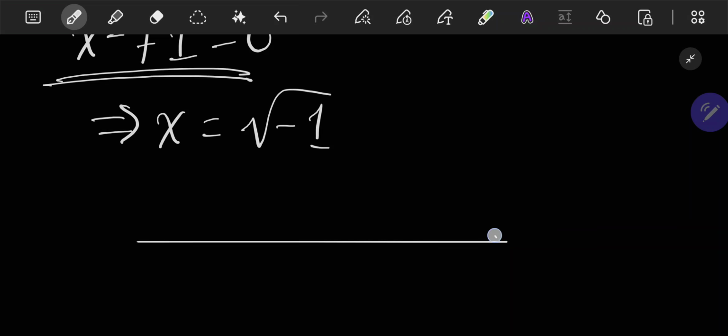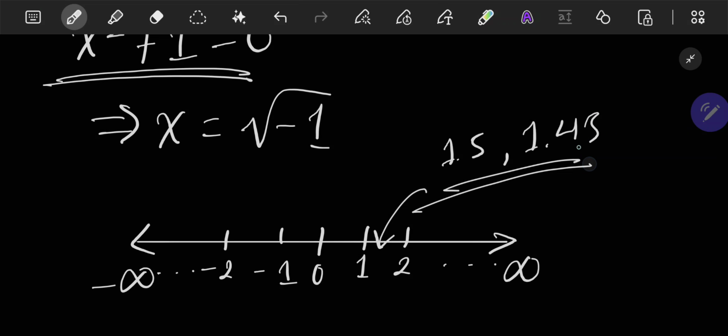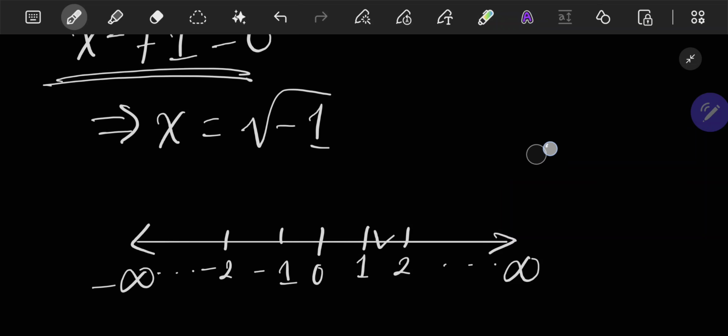Now I have a different problem for you. If this is the real line, so it goes from minus infinity to infinity, and in the middle there's 0. There are numbers, of course, 1, 2, and so forth, minus 1, minus 2, and so forth. Of course, this also includes numbers such as 1.5 or 1.45, and basically every single number that you've ever known.